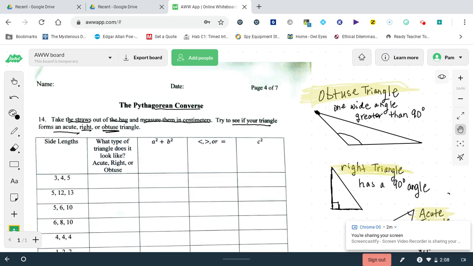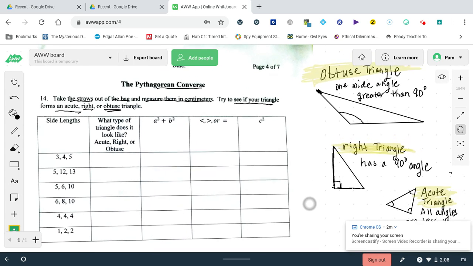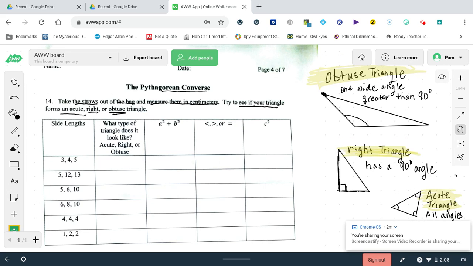All right, so like I said, we're not in class, so it's kind of hard to do this. What I'm going to do is just tell you what kind of triangles these are going to form. If you had straws that were 3 centimeters, 4 centimeters, and 5 centimeters, like in the first row in the table, it would have formed a right triangle.